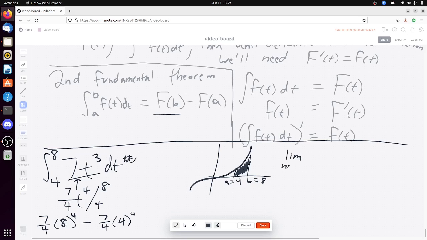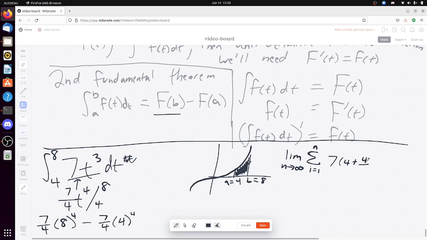If we did, the limit as n goes to infinity of the sum from i equals 1 to n of, what would that be? That would be 7 times (4 plus delta t times i) cubed, times delta t. So delta t would be 4 over n.